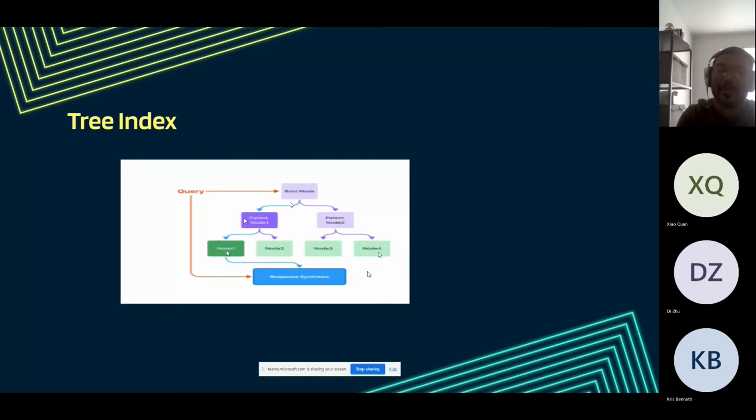But then the parent node is basically a summary of the child nodes. So now you can have a query go over the root node, and then it could traverse down to the edges based on the summary. If you have your data in a hierarchical format, like a lot of data is, this could be a nice and effective mechanism.